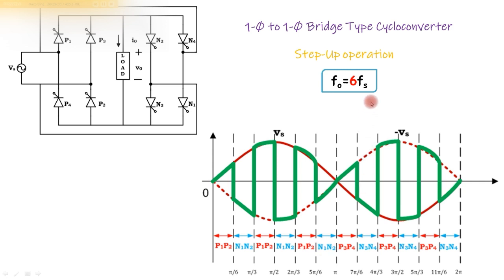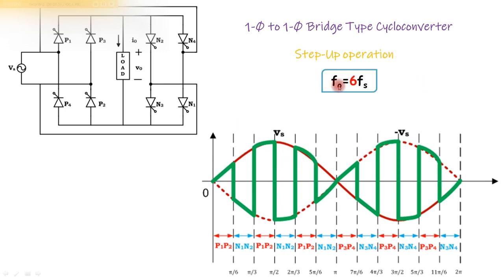In total, for one complete cycle of supply, there will be 6 into 2, 12 switchings. And each switching will occur at an interval of 360 degrees divided by 12, that is 30 degrees.